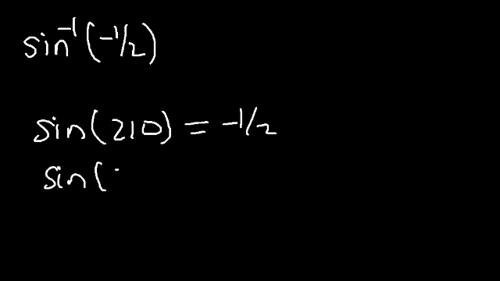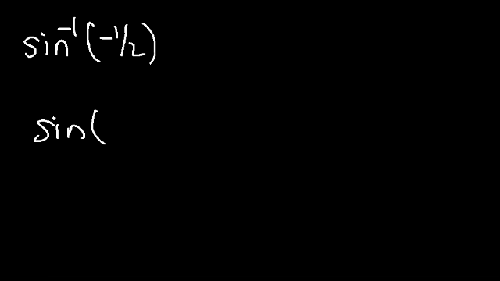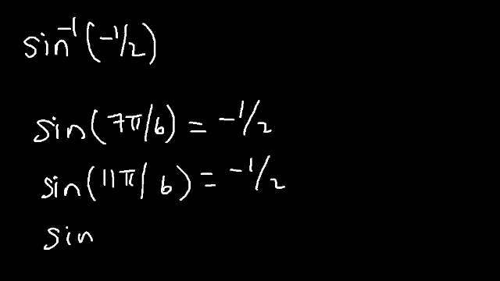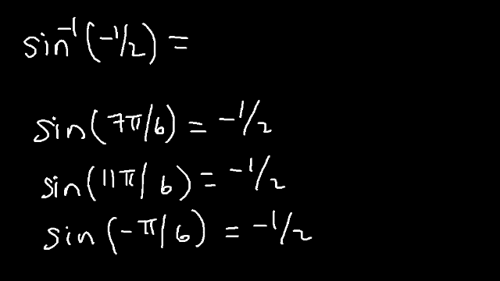Sine 330, let me use radians. So 210 is the same as 7 pi over 6. That's in quadrant 3. And sine 330, which is the same as 11 pi over 6, is also negative 1/2. And also sine negative pi over 6, which is negative 30, is negative 1/2. So what is the inverse sine of negative 1/2?